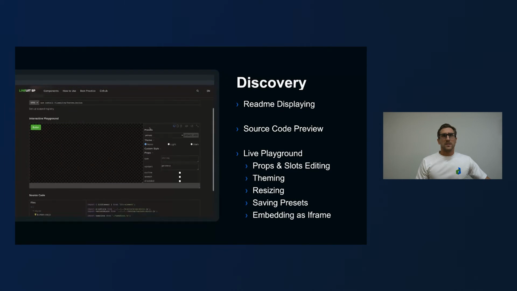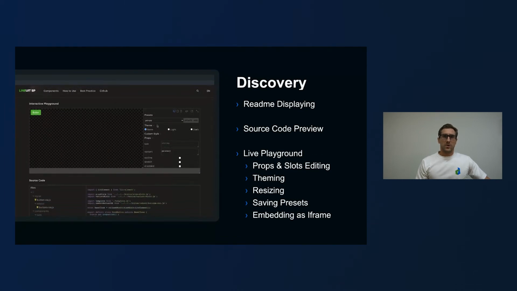To discover existing components, users use Sharing Platform's website. Besides component searching, it displays README for each component if it exists. It is also possible to browse source code of all components files. But most importantly, it has a live playground. We mount instance of the component in a sandbox and detect components props and slots, which can be modified to see all possible variations.